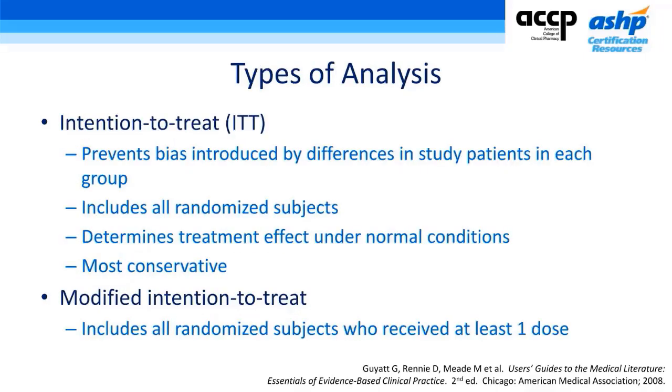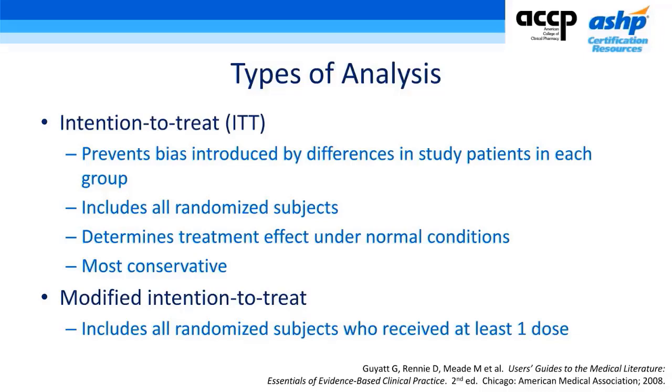Before we get into the nitty-gritty of types of data, what tests to use to analyze those data, etc., I want to touch upon the different types of analysis that are used in study designs. First, intention to treat. This type of analysis includes all randomized subjects.